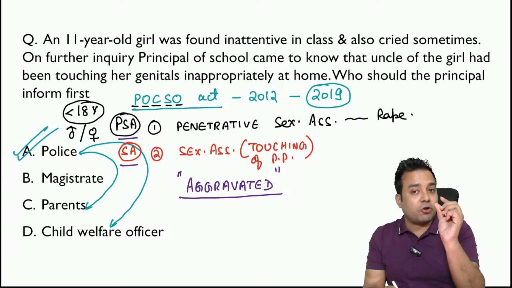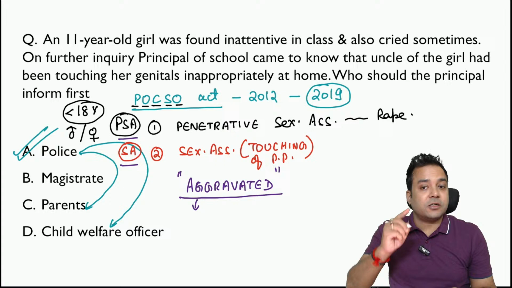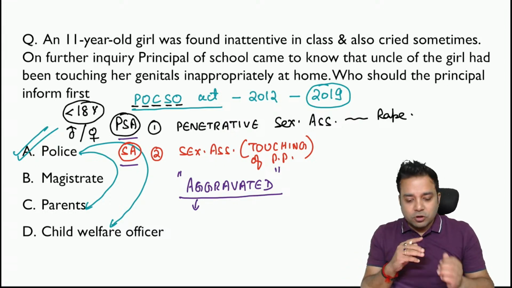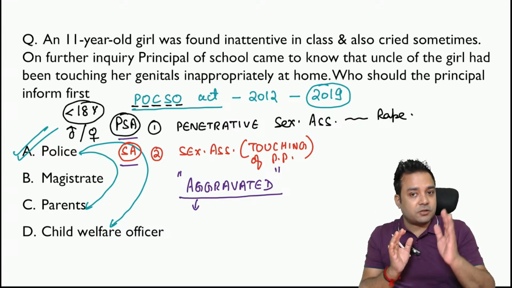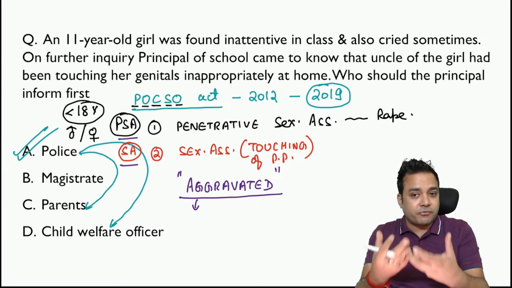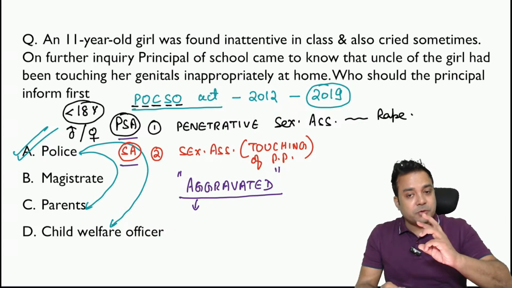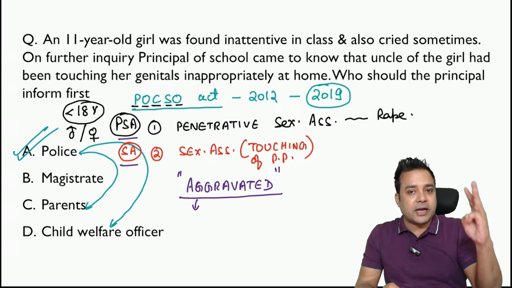So when is this clause added before the offense? When it is found that the accused was a person known to the victim. This is one situation, like a relative, like the neighbor. The child will have confidence in that person because that person is known to the child. So if those people are accused, the offense becomes aggravated.